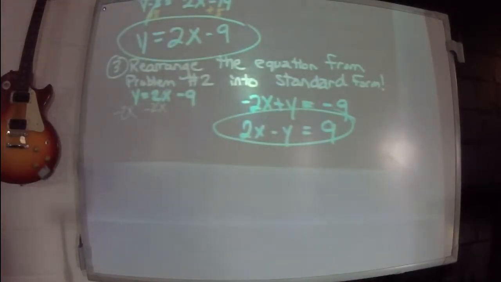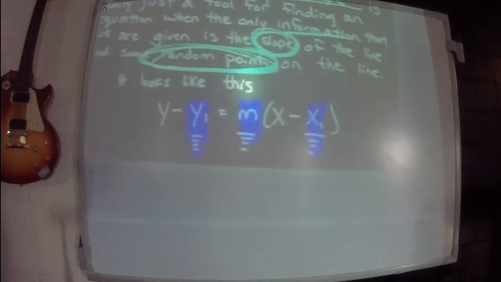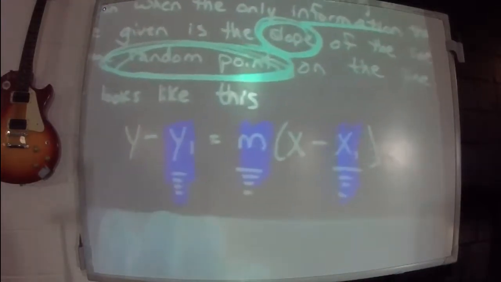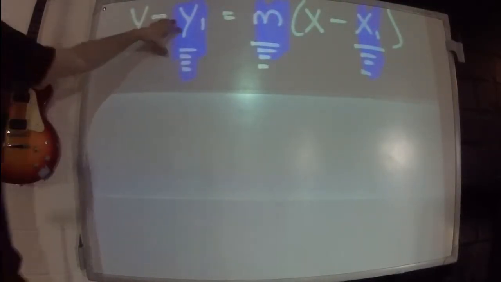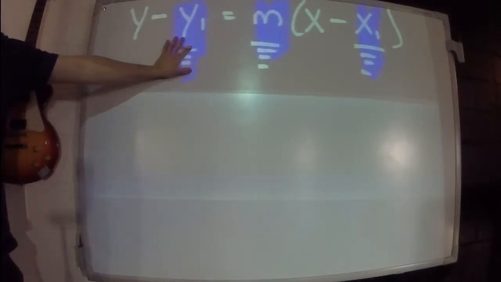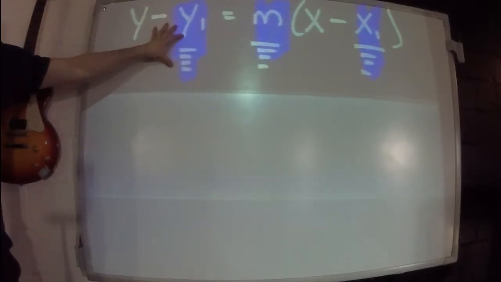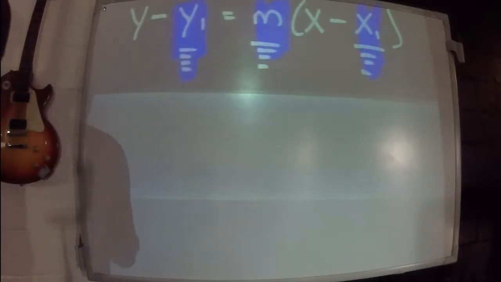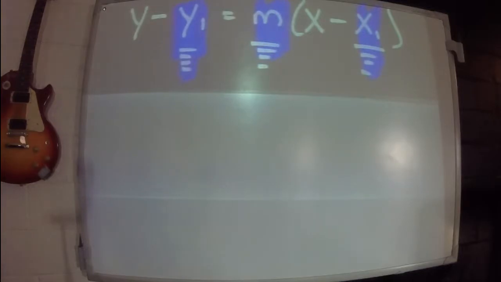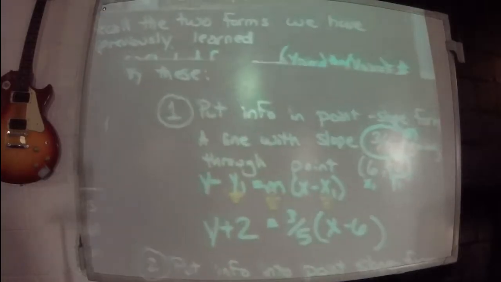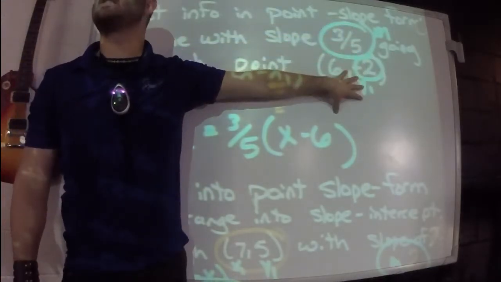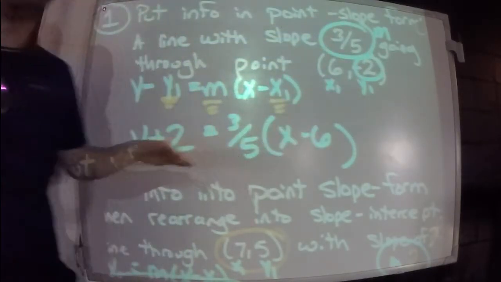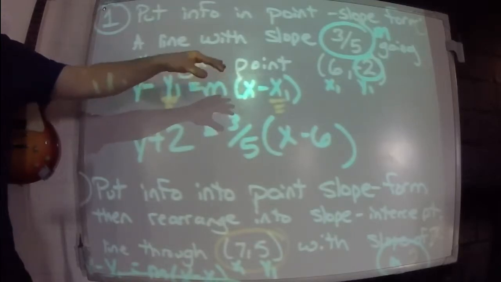So the biggest thing we need to know, first you've got to have memorized what point-slope form is: y minus y1 equals m times x minus x1. The next thing you've got to know is when you're supposed to use it. If somebody says to make an equation and they give you a slope and some random xy point, make an equation with y minus y1 equals m times x minus x1.